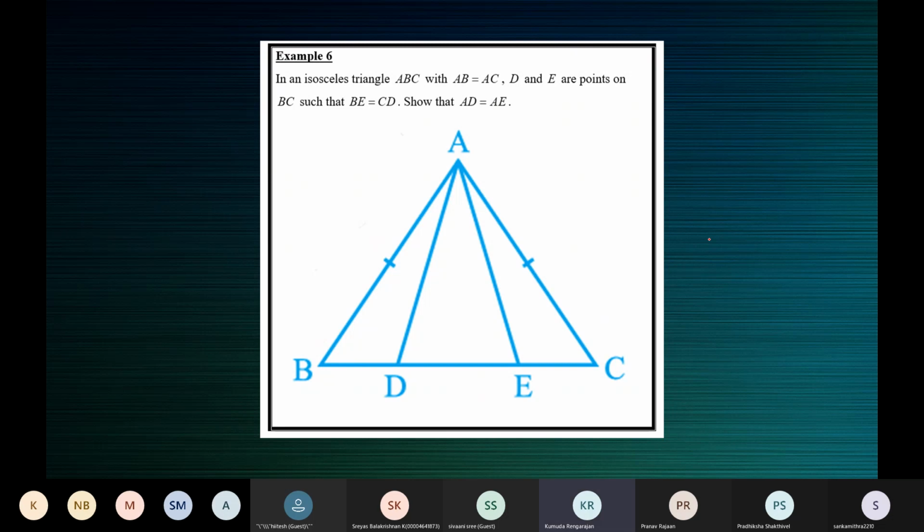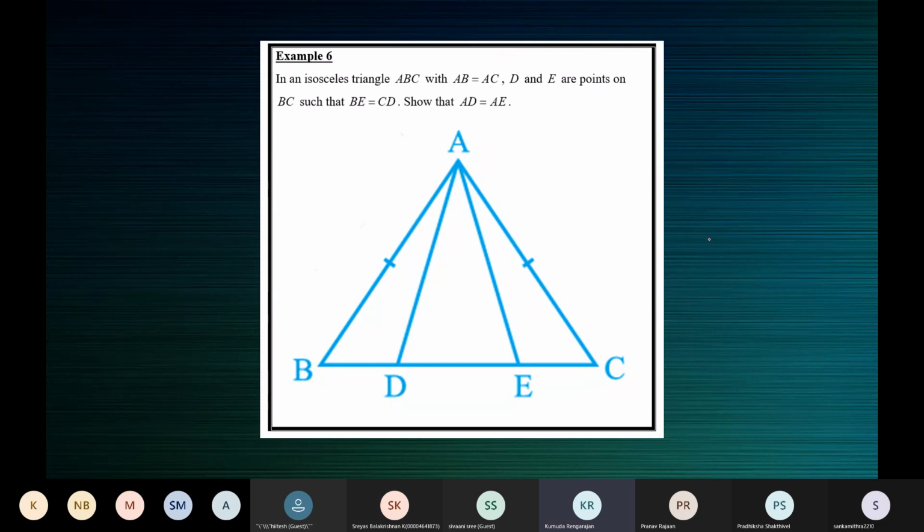You must take up a triangle that has AD as a side and another triangle which has AE as a side. Show that they are congruent, and this result will follow: AD is equal to AE.